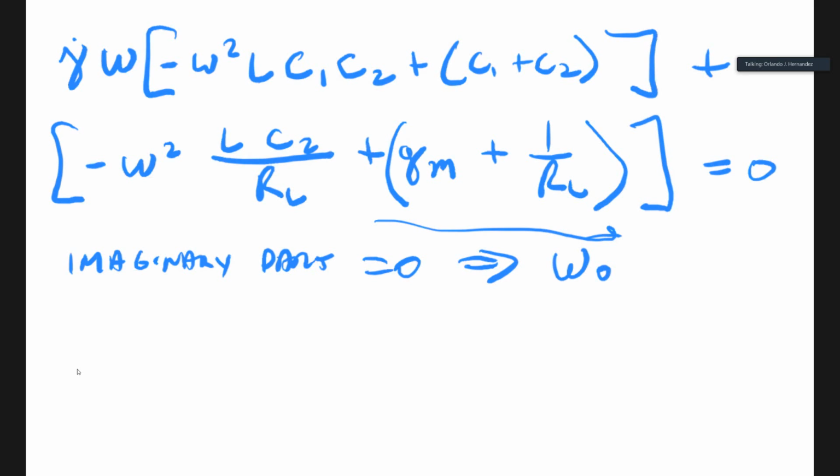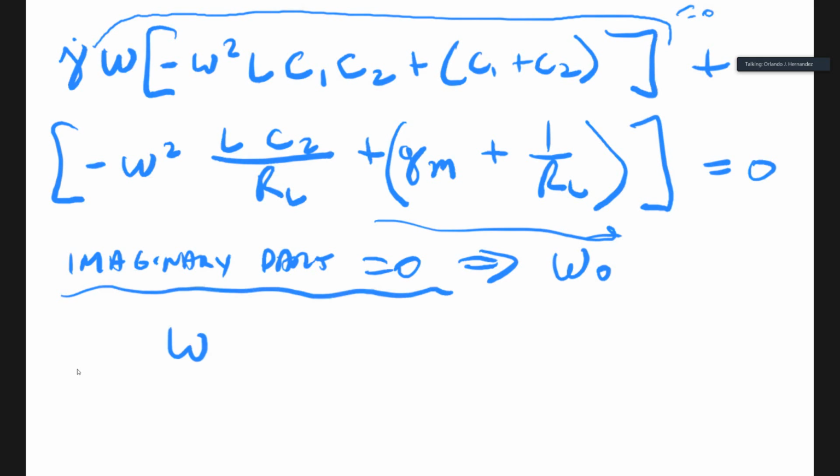If I equate this imaginary part to 0, of course the j is implied, I don't have to have the j, then I substitute omega naught instead of omega, because the condition is that the imaginary part is 0, so that is valid at the frequency of oscillation. So I just substitute omega naught instead of omega and solve for it.